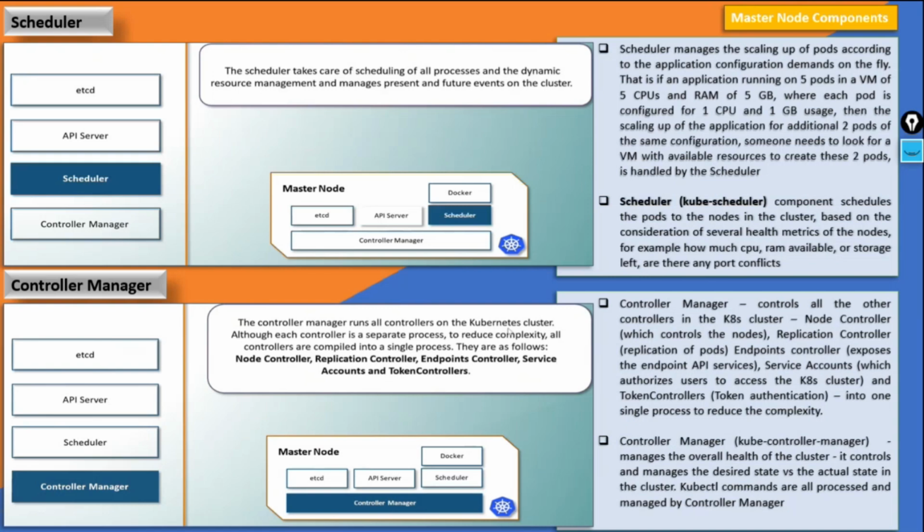Immediately the scheduler will call the controller manager to ask the replication controller to replicate one more because there is a shortfall of one. All these things are very orchestrated. They work like a well-oiled machine.